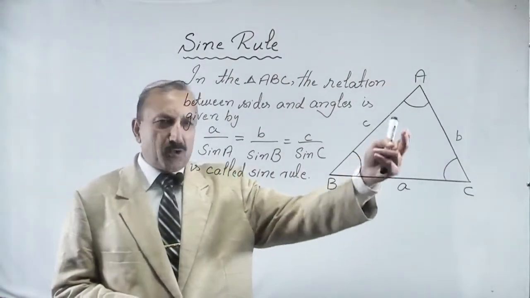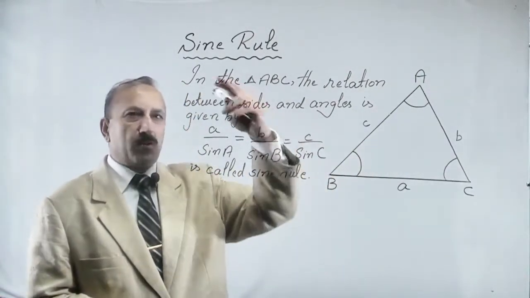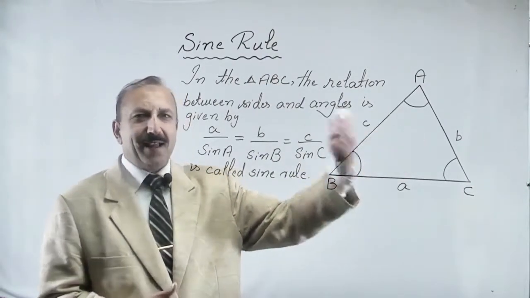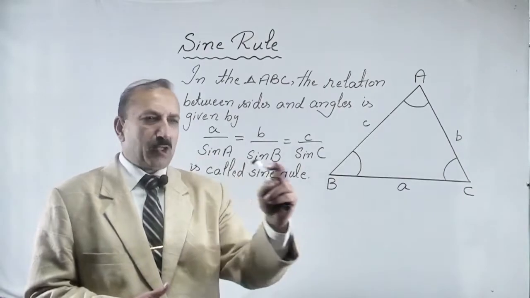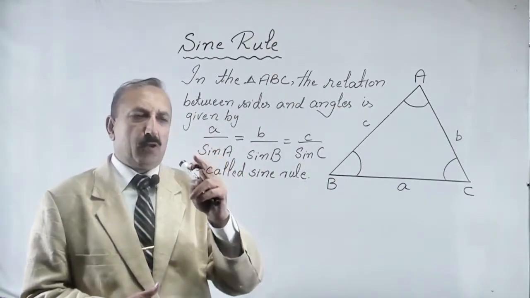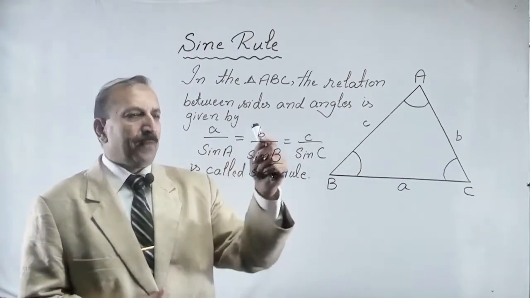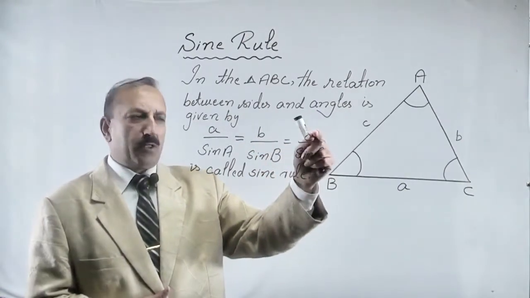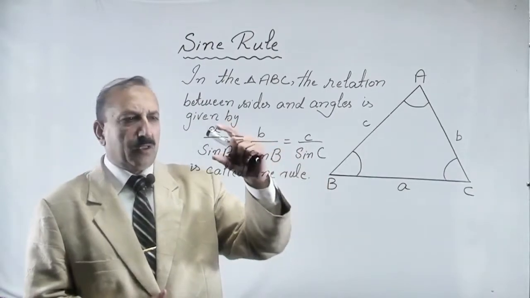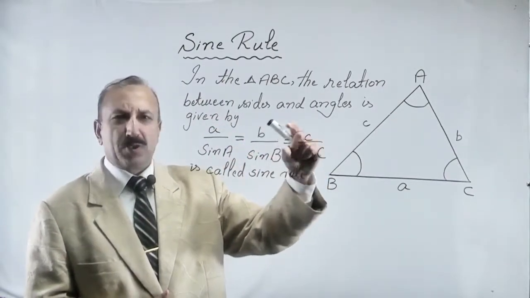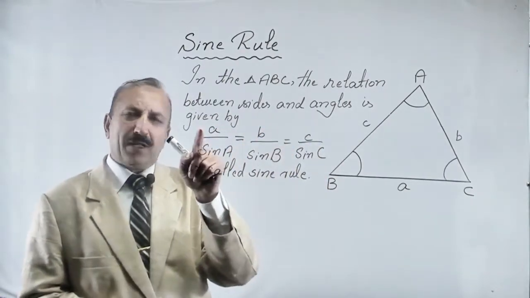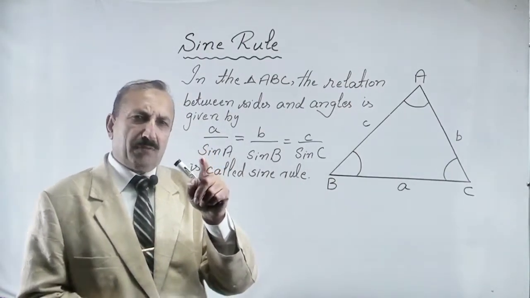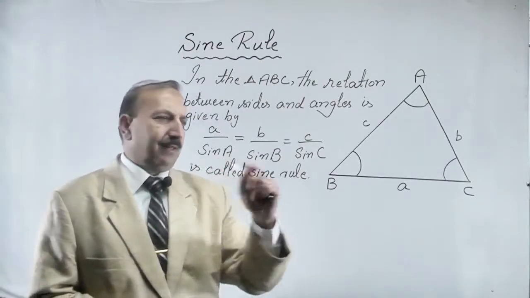So in this triangle, first of all, we are focusing on sine rule, the relation between sides and angles given by this statement. You can see here, this is small a over sine of capital A, this is small b over sine of capital B, this is small c over sine of capital C. The respective proportional sides and their angles: small a has a ratio with the sine of its angle.